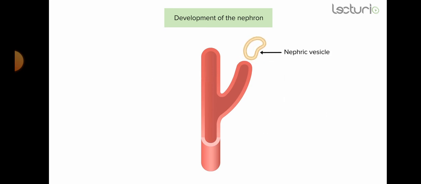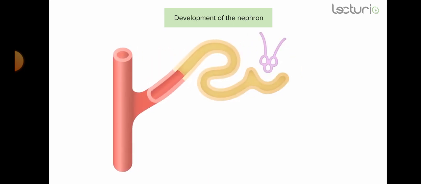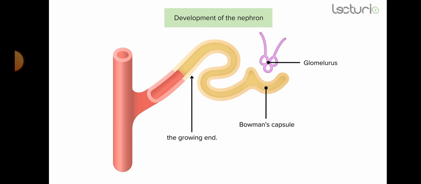This vesicle further forms a tubule, and this tubule takes the shape of an S. One end of the tubule gains angiogenesis from the aorta and forms a tuft of capillaries, which designates itself as the Bowman's capsule. The other end elongates and differentiates, forming the proximal convoluted tubule, Henle's loop, and the distal convoluted tubule.